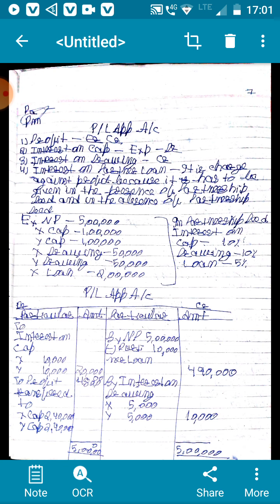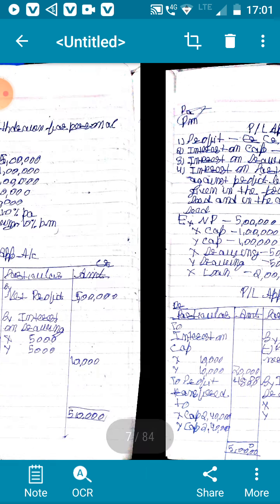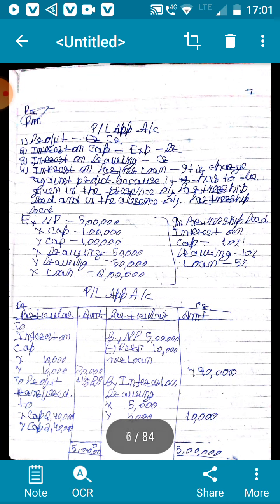Therefore, it is charged against profit, because it has to be given in the absence of a partnership deed. And in the absence of a partnership deed means if the partnership deed does not provide information about the treatment of interest on capital, then we have to pay. Then also we have to pay interest on capital.